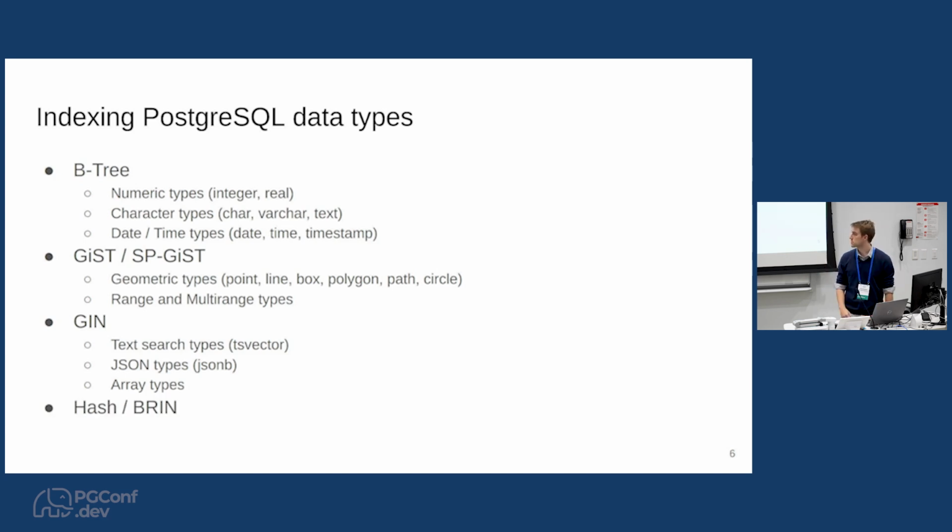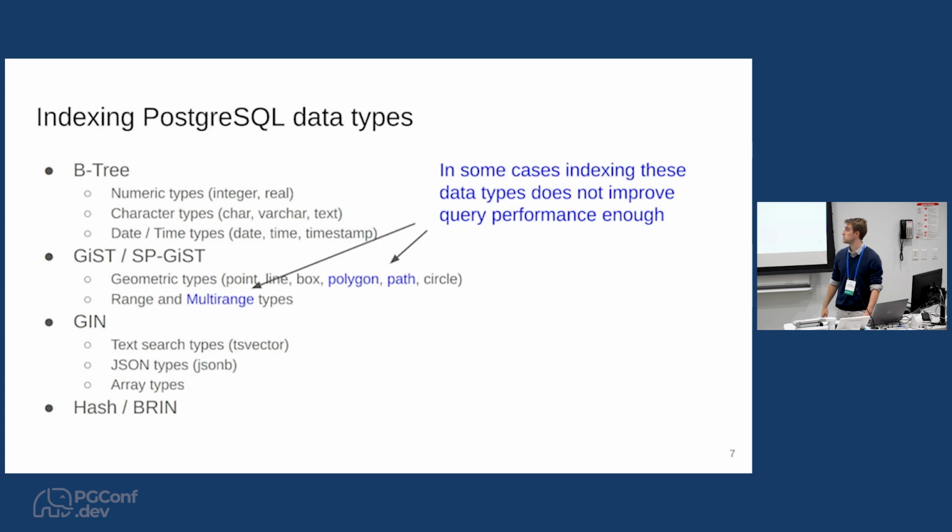And then we also have hash and BRIN, but these are not too related to what I'm going to talk about today. Looking at all of these data types that are native in PostgreSQL, for some of them the existing indexing techniques are not efficient or not efficient enough in some cases.